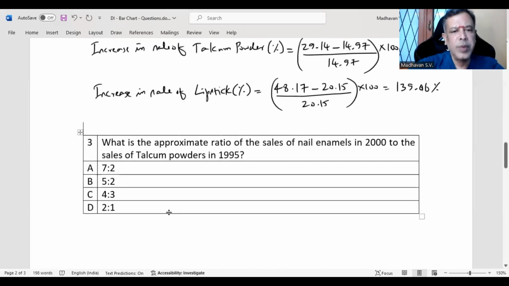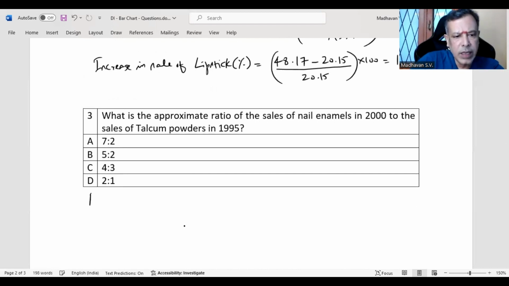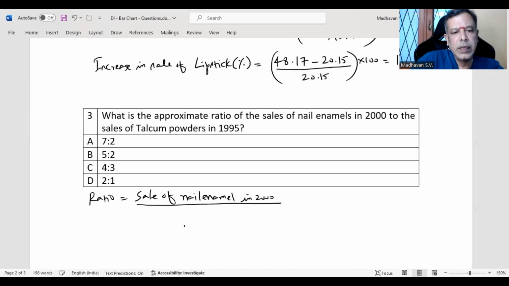What is the approximate ratio of sales of nail enamels in 2000 to the sales of talcum powders in 1995? So the ratio what they are asking us is sale of nail enamel in 2000 and then sale of talcum powder in 1995.